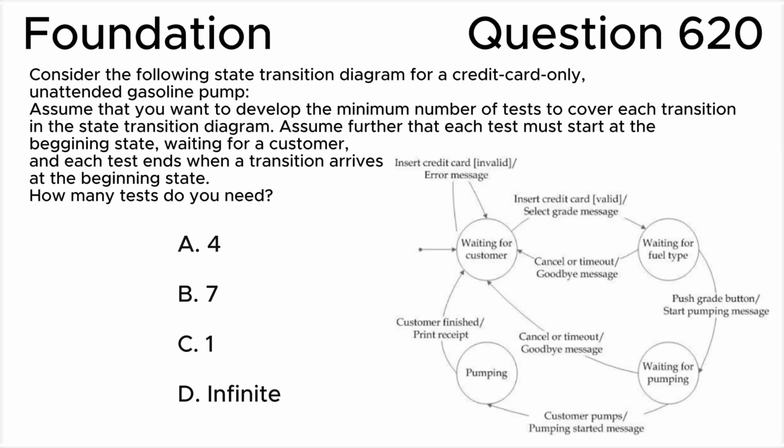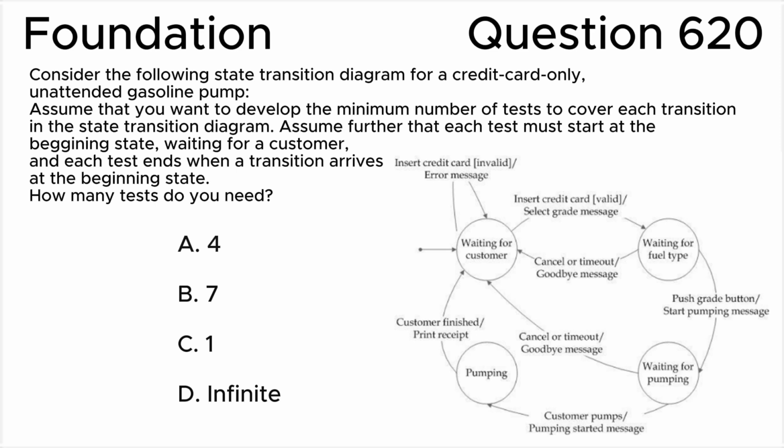ISTQB Foundation Level, question 620. Consider the following state transition diagram for a credit card only, unattended gasoline pump, see figure. Assume that you want to develop the minimum number of tests to cover each transition in the state transition diagram.